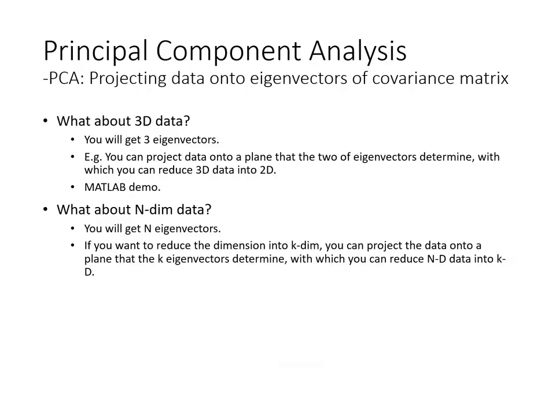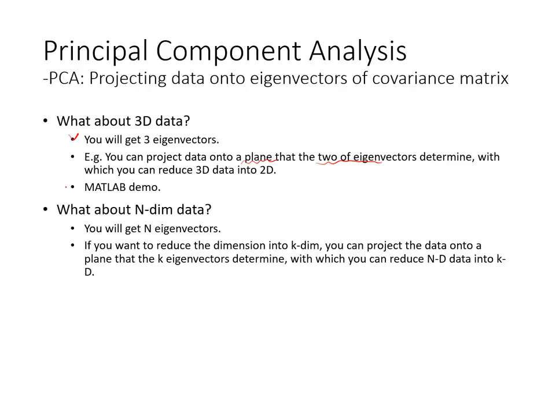So what about 3D data, and what about n-dimensional data? Of course, with 3D data, you would get three eigenvectors, and if you decide to reduce the data into two dimensions, you can project the data onto a plane that two eigenvectors determine. It'll reduce the 3D data into 2D.